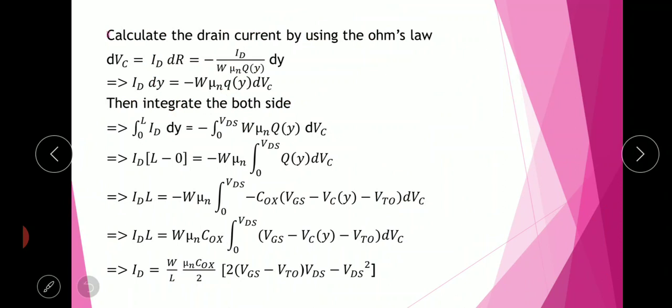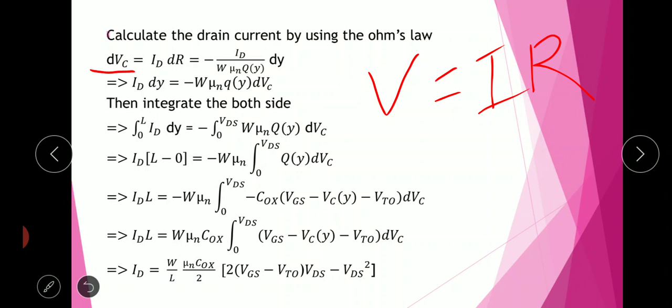Next we calculate the drain current by using Ohm's law. As we know, Ohm's law is V equal to IR. Here we consider the channel voltage, that is Vc, and the channel voltage is varying, not constant. Because of that, dVc.